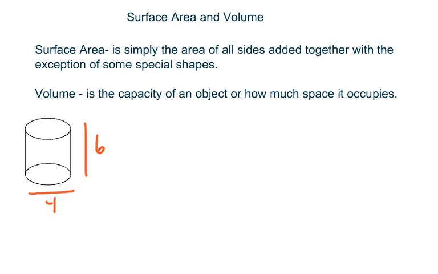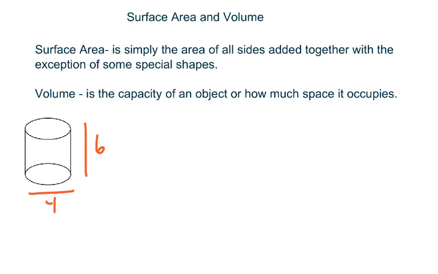The only shape that I don't really follow the same formula for is a sphere, because it's kind of its own special thing. So if a shape is one of the special shapes, and I consider a sphere, a cylinder, a cone, all special shapes for surface area, they'll have a formula given.